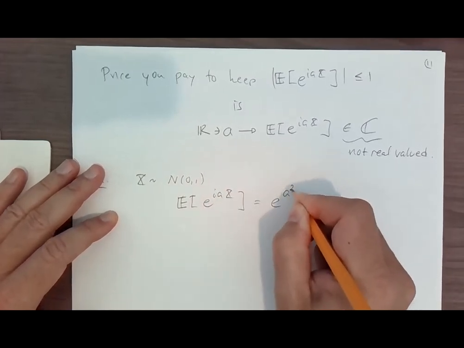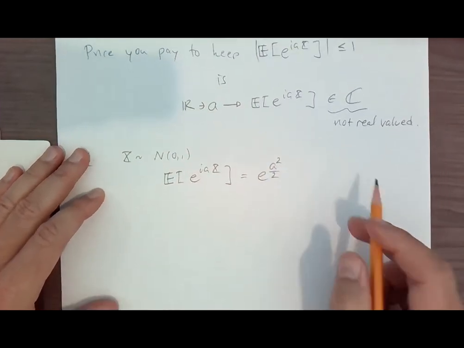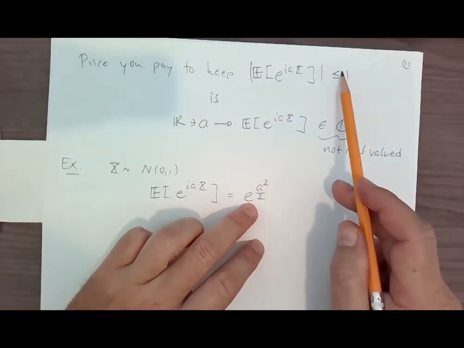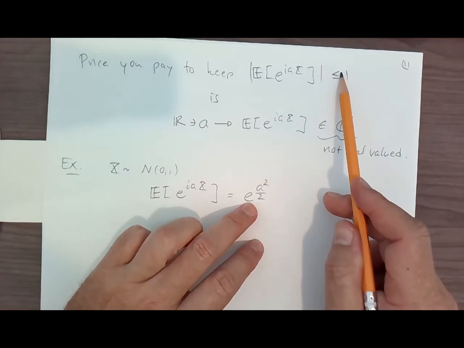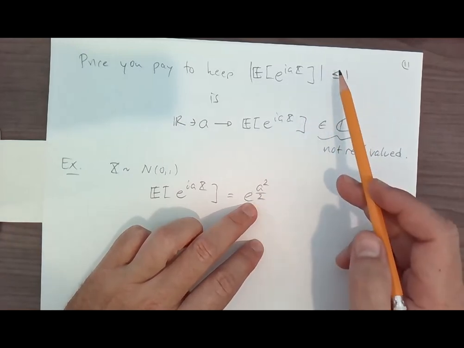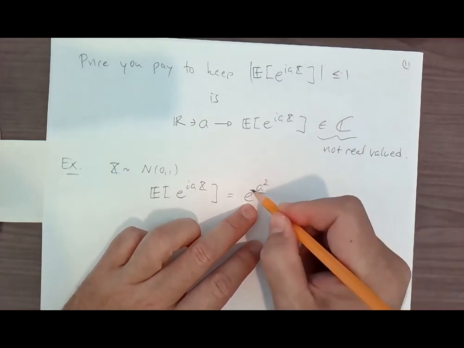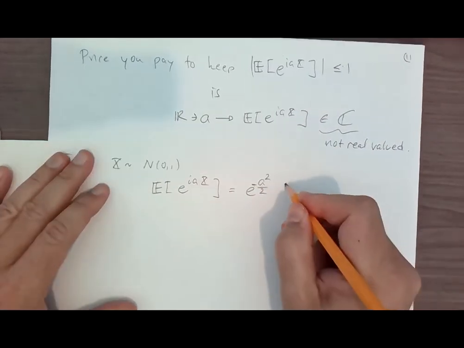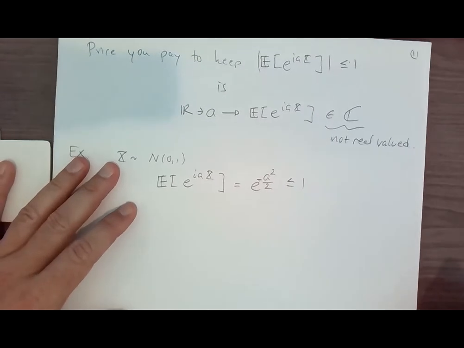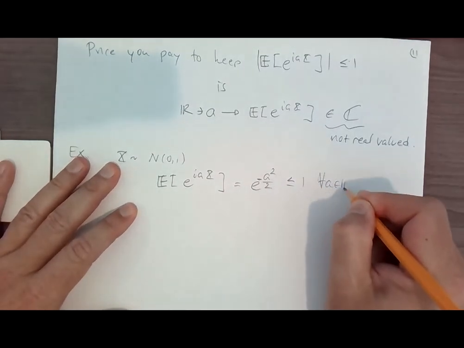This cannot be equal to the exponential of a squared divided by 2, right? Because this violates the bound that you have up here. So this is impossible, and the correct answer is to have a minus sign there. And then this is indeed less than 1 for any a in R.